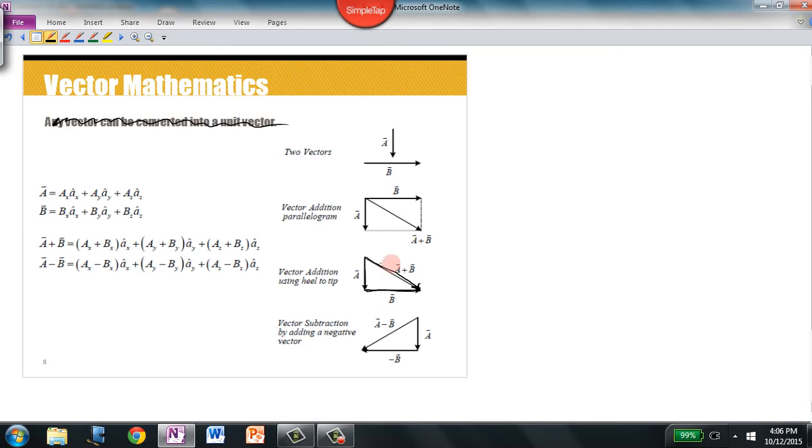If this is the method you're used to, it isn't really going to work for you in electromagnetics. This might help you visualize it, but when we actually implement it, you're going to have to use the component method.